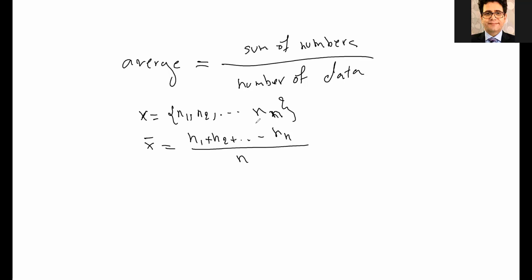So we add them and divide by the number of inputs or the data that we receive from the screen. So this is one thing that you need to know. If you don't know this one, it's going to be difficult for you to write the program. Okay, this is one thing.